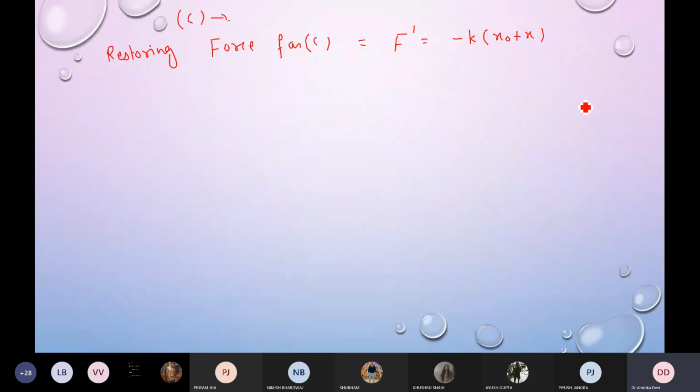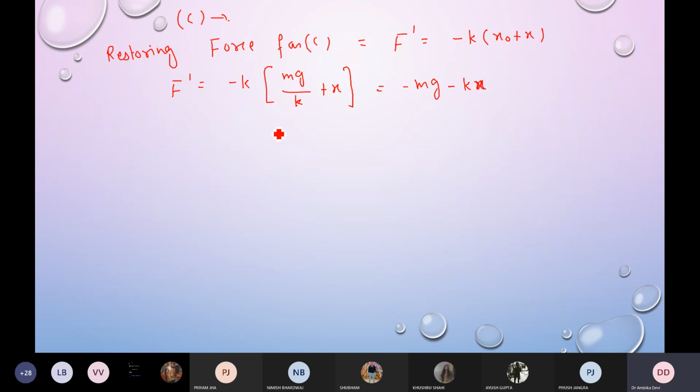Okay, so this becomes the restoring force now, which is further equal to minus k times the value of x naught, as we derived in the last slide, mg upon k, plus x, which is equal to minus mg minus kx.